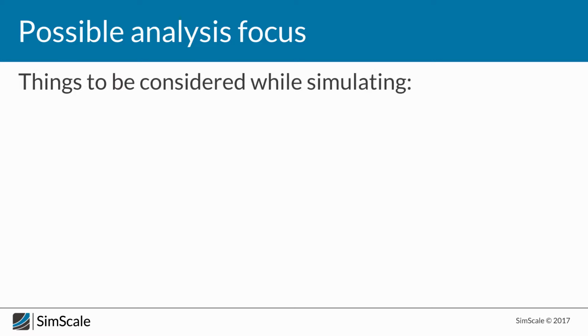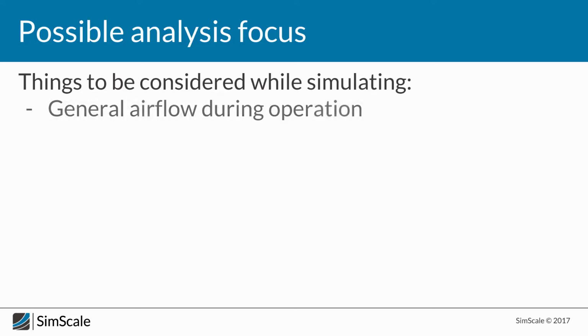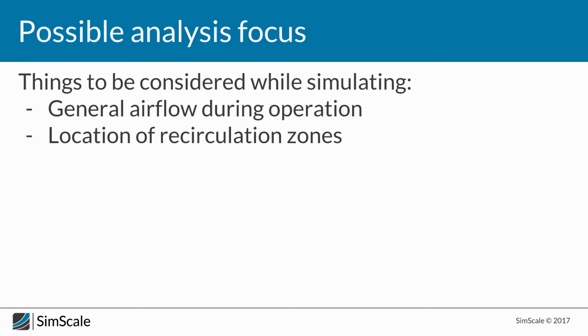Let's take a look at the possible analysis focuses that we will be taking when dealing with clean rooms. We can try to look for the general airflow within the room, without any extras added on top of it. We could try to locate the recirculation zones, which would indicate places where dust or other particles might be located and will not be cleaned during operation.